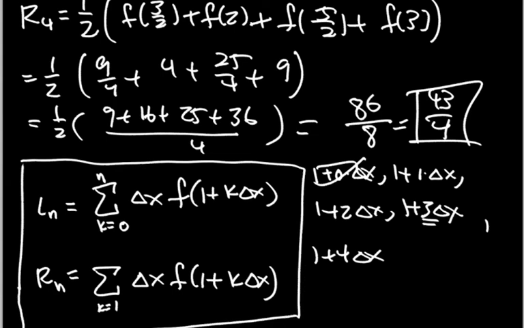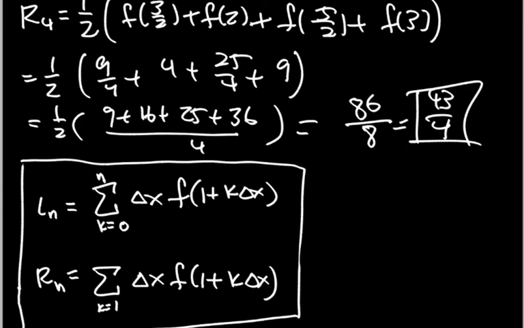On left-hand Riemann sums, so this is called a Riemann sum in calculus, on left-hand approximations, you can go from k equals 0 to n. N is just the number of rectangles that you have. So I'm going to write that real quickly over here. For any number of rectangles that you're going to use, you can actually just use this.